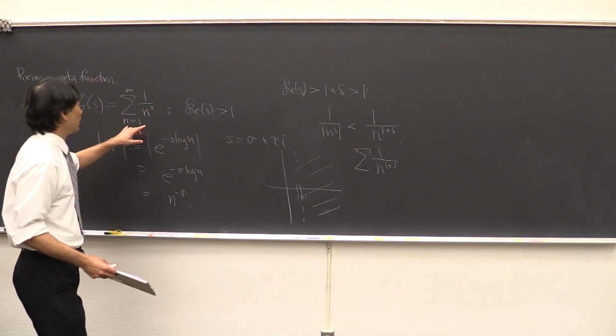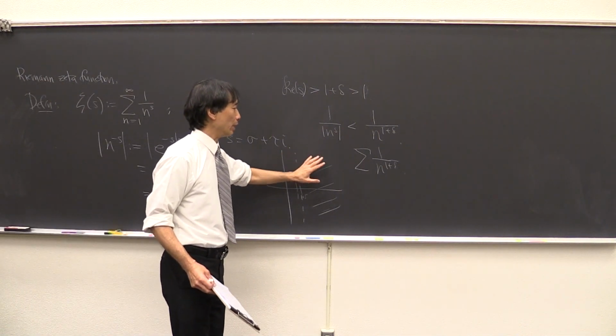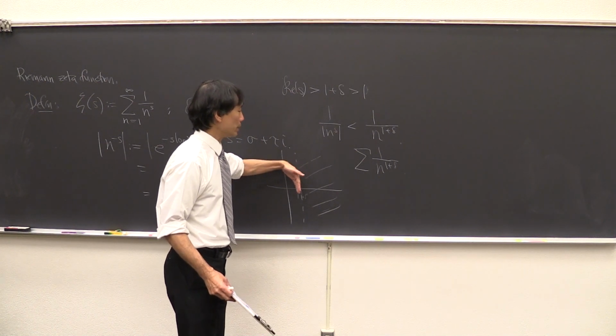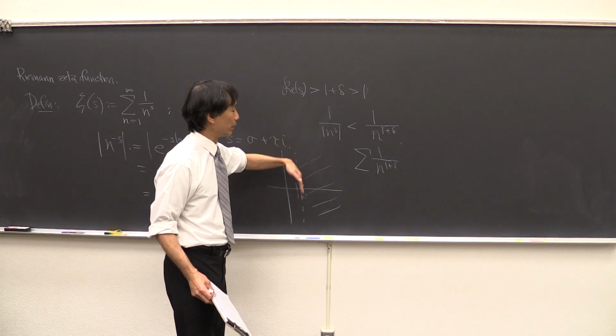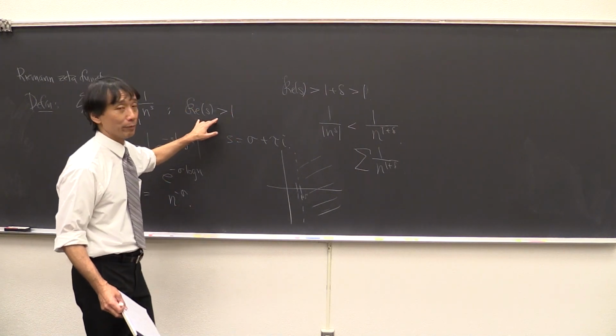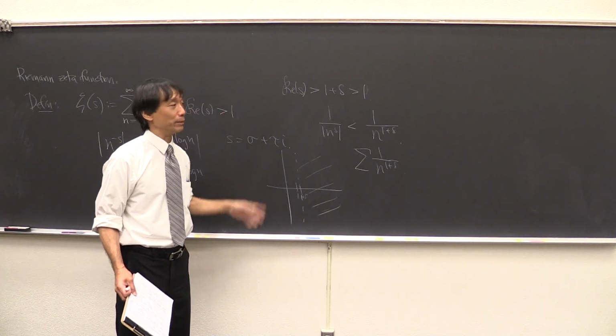And so we have convergence to a holomorphic function on that half plane, and then we can take delta to be any number bigger than 0, and so we get that the function is holomorphic on the half plane where the real part is bigger than 1.